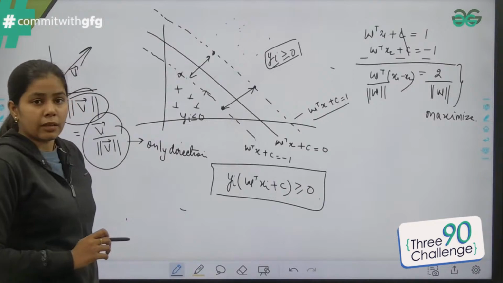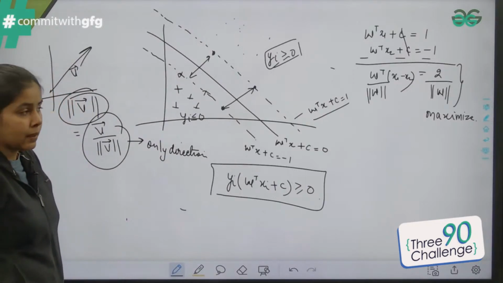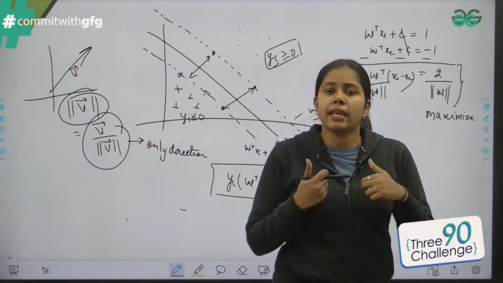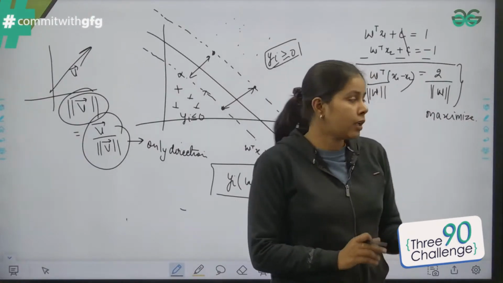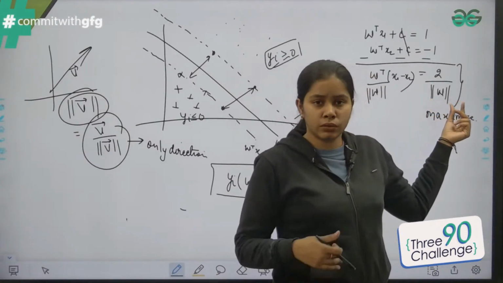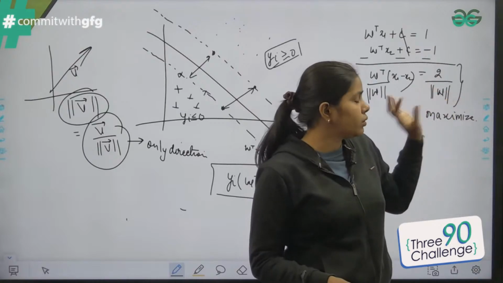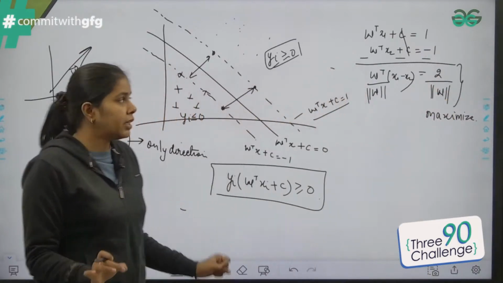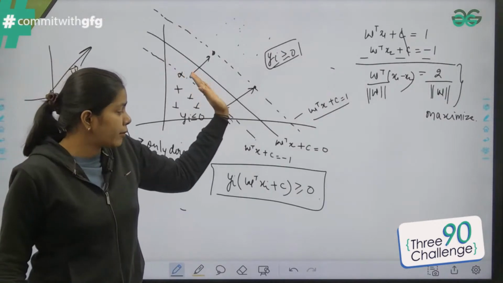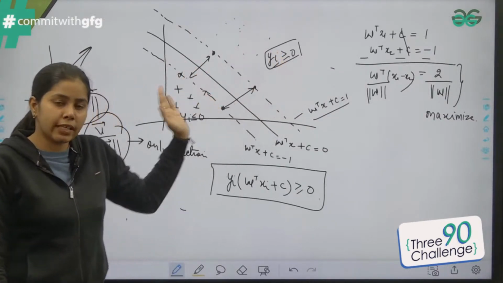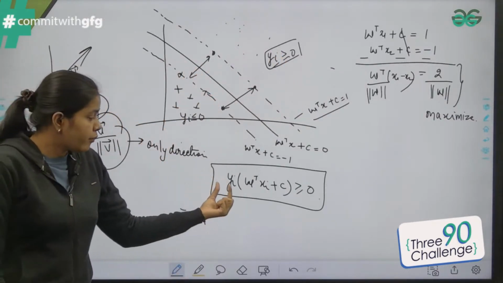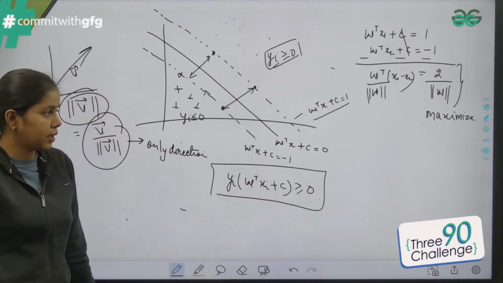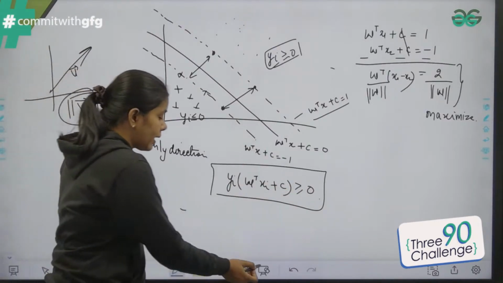Can anybody tell me? Let's suppose somebody says we have to maximize this, I can maximize as much as I want. If I take w equal to 0, this distance gets maximized, right? But I have to take some condition. The condition would be that one side is positive and one side is negative. That means yi into w transpose xi plus c is greater than or equal to 0.